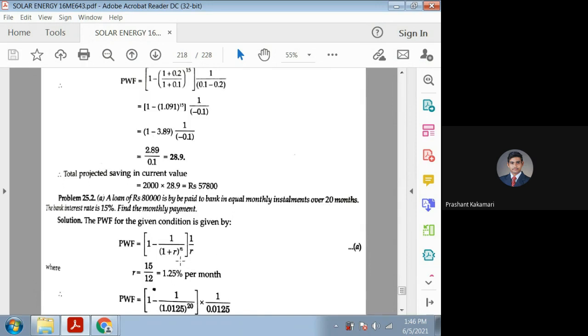If it were years, I would have considered the rate of interest for the given year and the number of years as n. So both I am going to consider in terms of months.